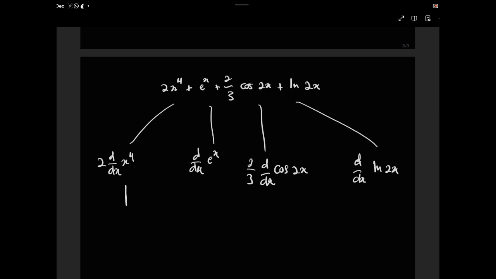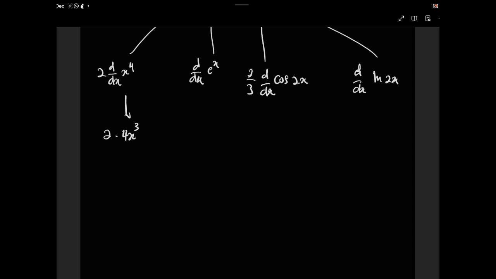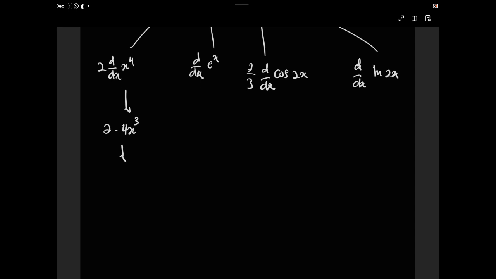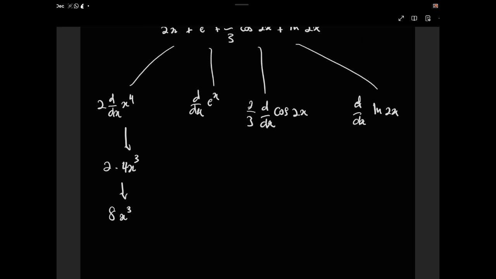For this one, we are going to get 2 times 4x to the power of 3. Combining it, you get 8x^3. For this one, the form is retained, which is exponential x.